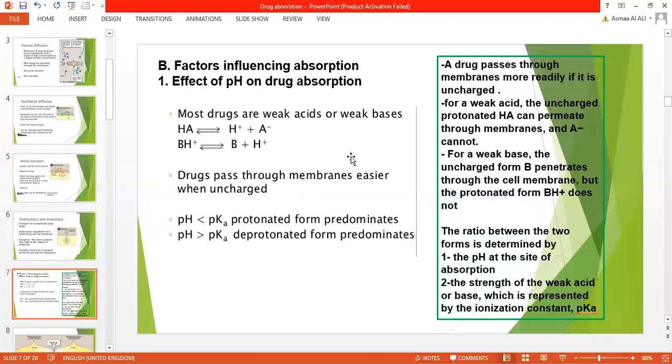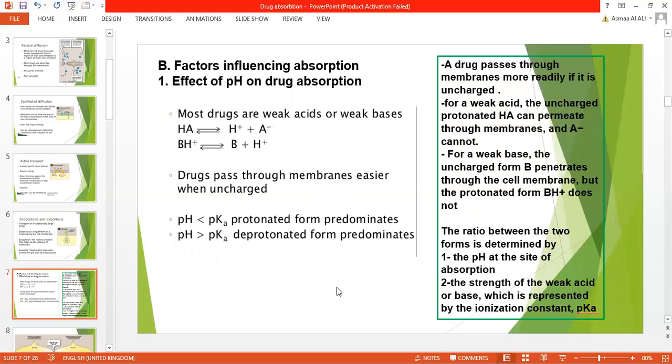The ratio between the two forms is determined by the pH at the site of absorption and the strength of the weak acid or base, which is represented by the ionization constant pKa.